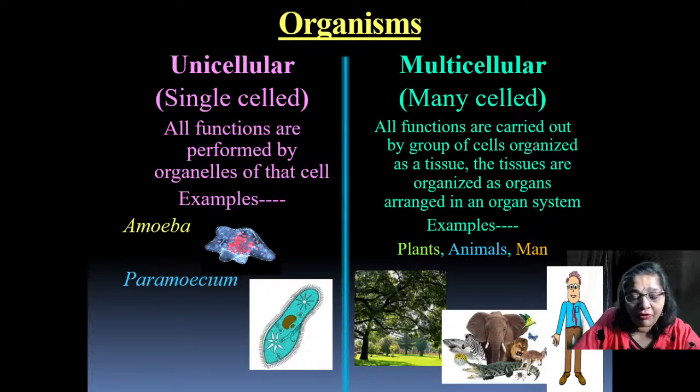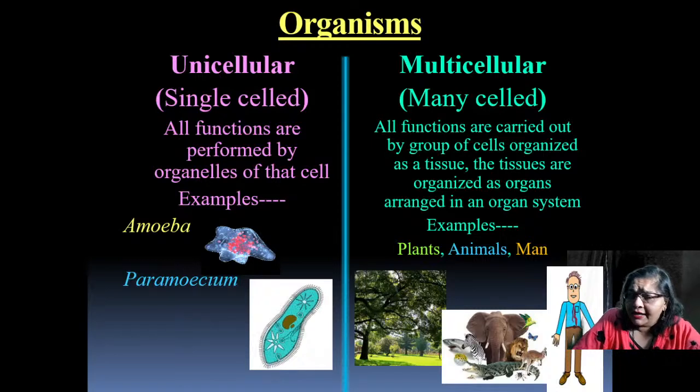You must have heard that organisms are classified into two basic types. One is the unicellular organism and the other is the multicellular organism. Let us see what a unicellular organism is. A unicellular organism is a single-celled organism, an organism which contains only one single cell, where all the functions are performed by the organelles, the small organs of that cell.